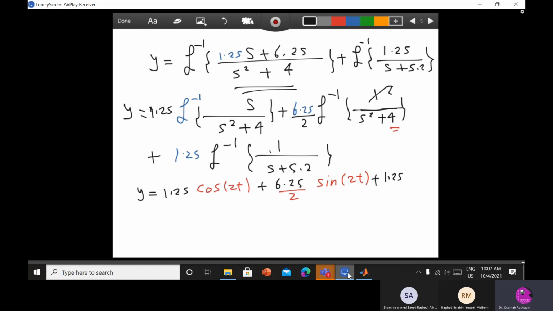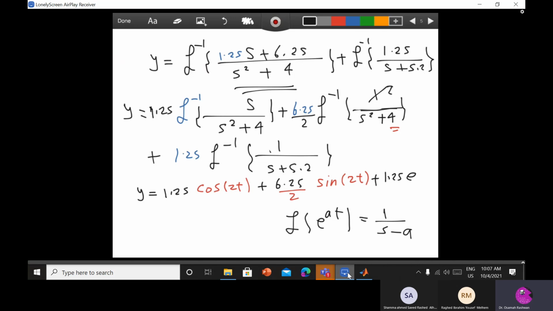I know 1 over s is 1. So I shift it into 5.2. I remember the Laplace transform for e to the at is 1 over s minus a.